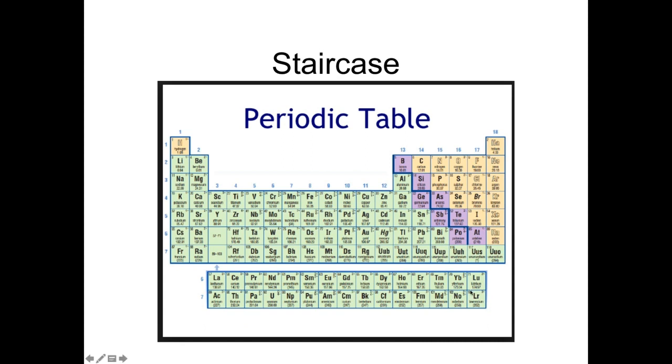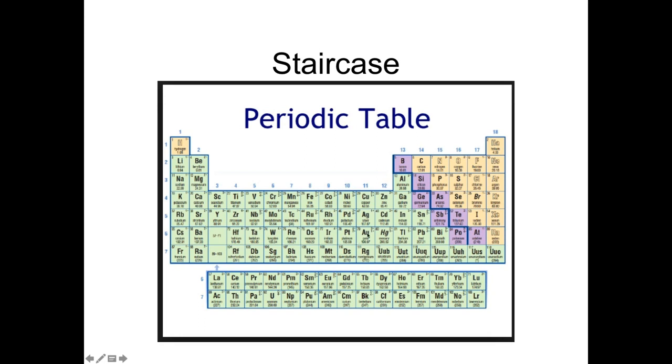The other way to make naming really straightforward, on top of knowing the blocks, is knowing the staircase. So the staircase runs along the periodic table here. What it does is it separates the periodic table loosely into nonmetals, which are in the upper right in this kind of yellow-orange color, from the metals, which are these green items below the staircase and to the left.